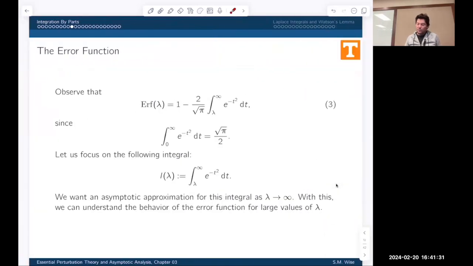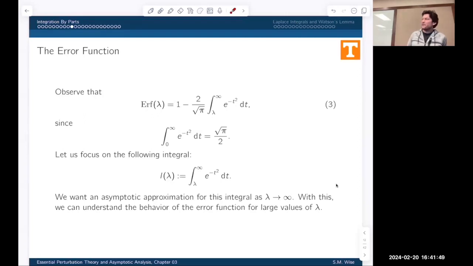So that's why asymptotic expansions tend to be favorable. Even though they are not convergent series, they can lend themselves to more useful approximations for large values of lambda.